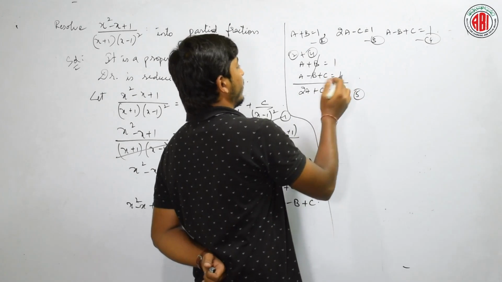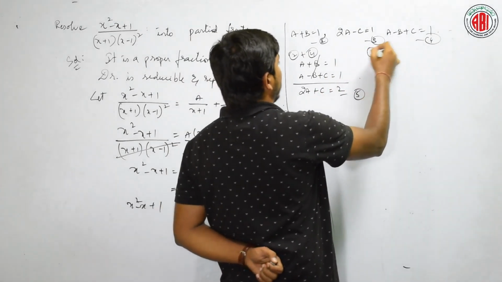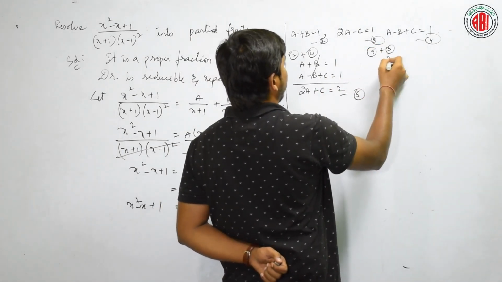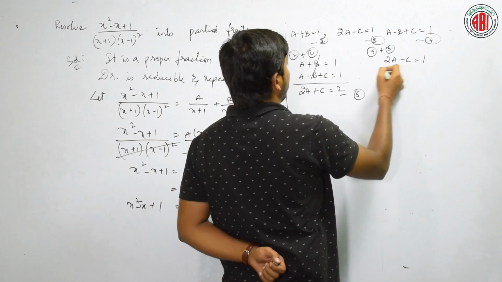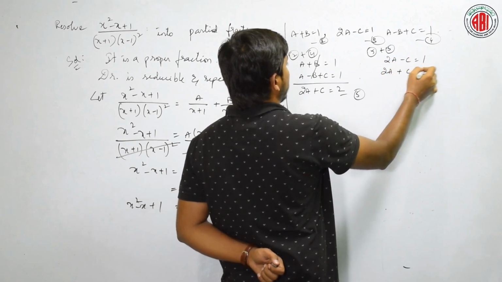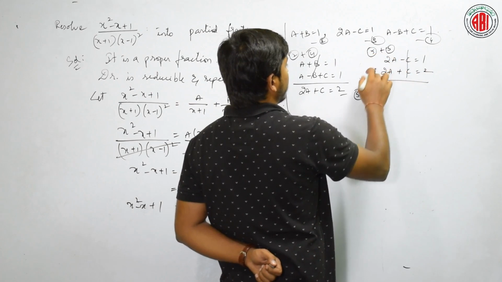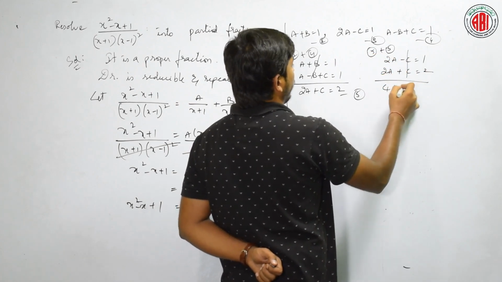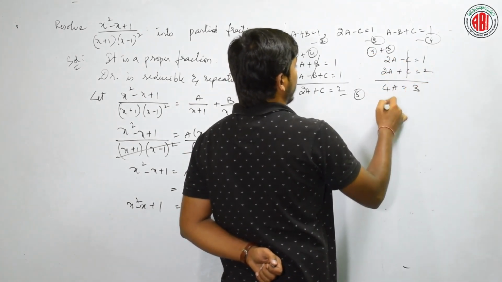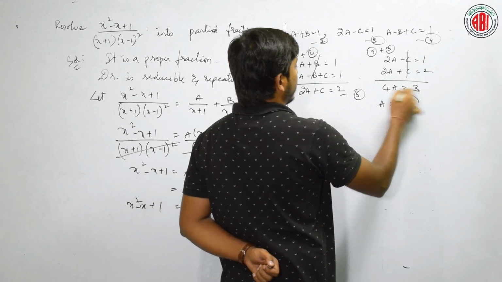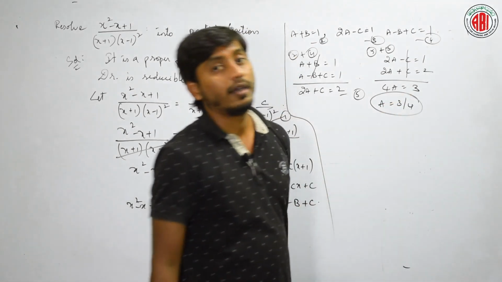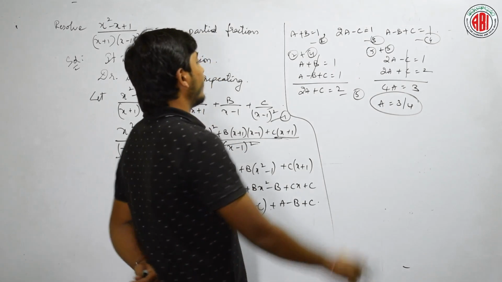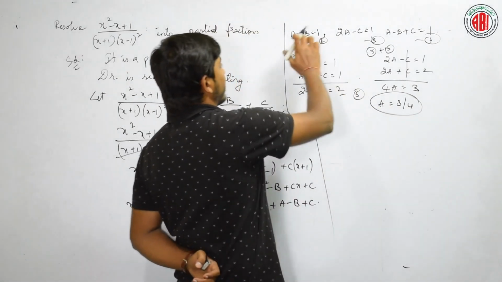Now, add 3 and 5, what will be left? 2a minus c equal to 1, 2a plus c equal to 2, c will get cancelled, 4a equals 1 plus 2, 3. What is the value of a now? 3 by 4, right. After getting the value of a, can we substitute it here?